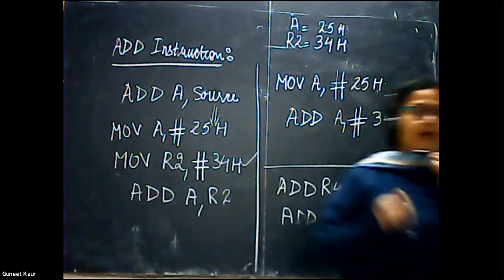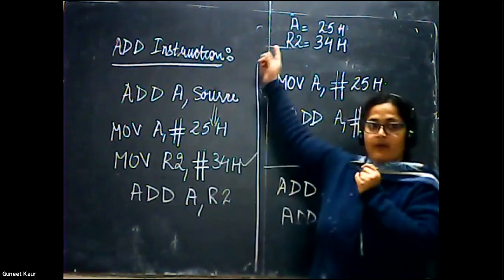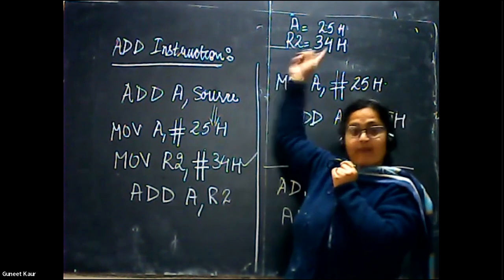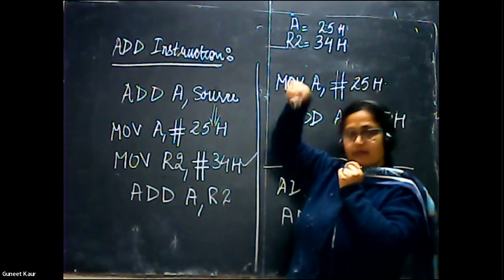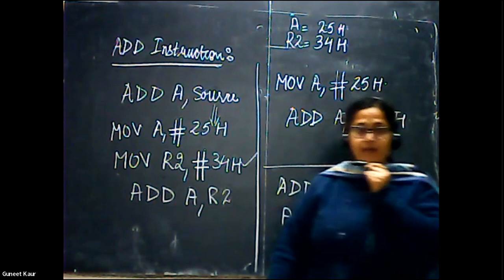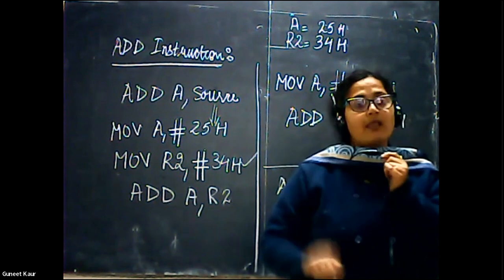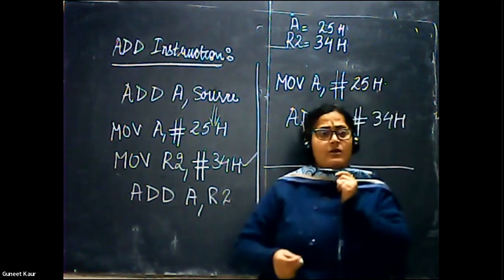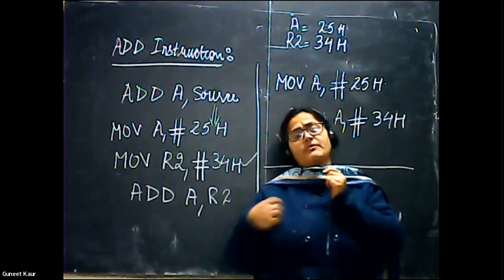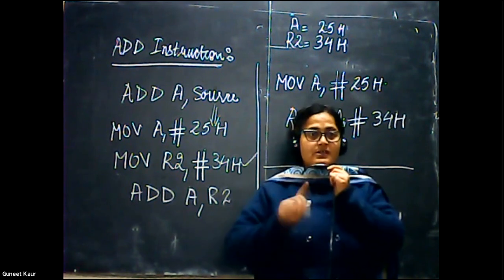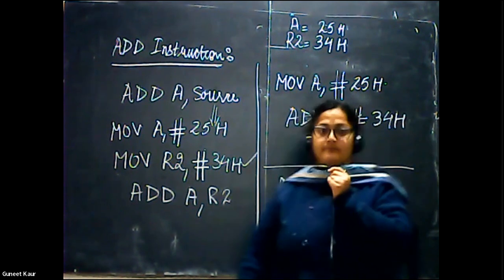This command will add the contents of the accumulator and the register R2, and the final result will be stored in the accumulator itself. As I have already told you, in all arithmetic operations, whether subtraction, multiplication or division, the destination register should be your accumulator.